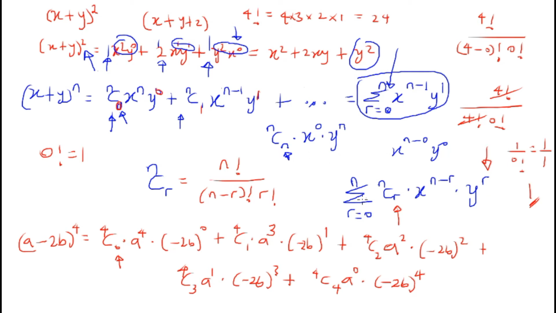Alright, so 4 combination 0 is actually 1. Anytime you are doing any combination, n combination 0 is a constant, is 1.